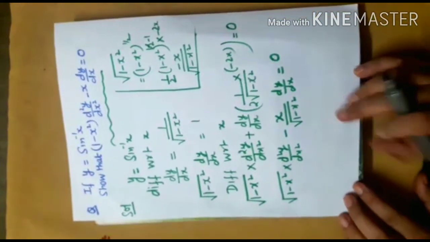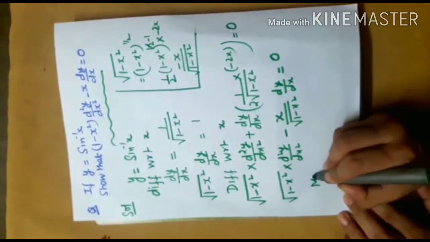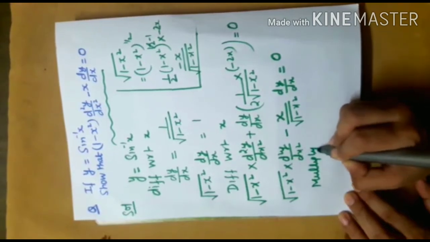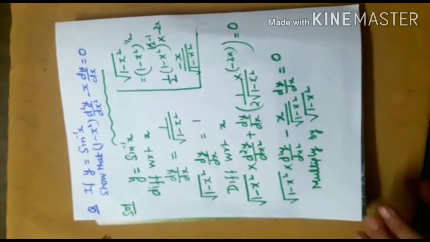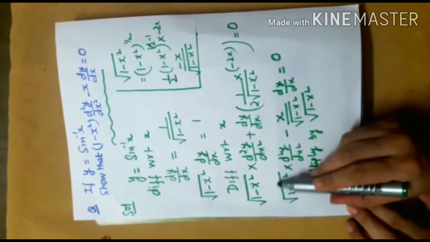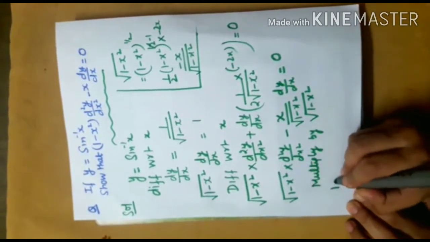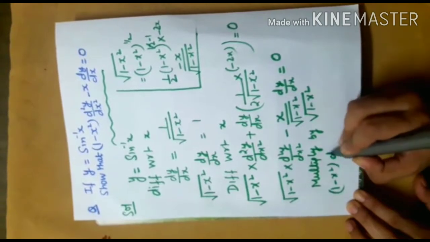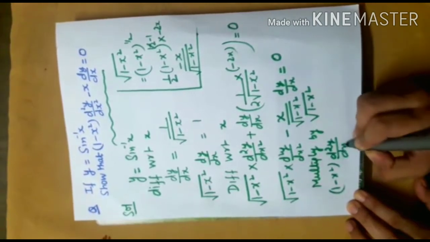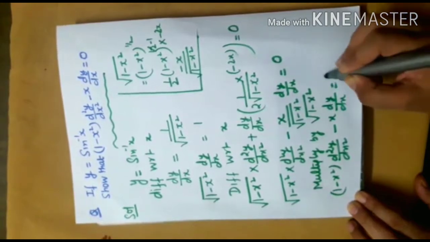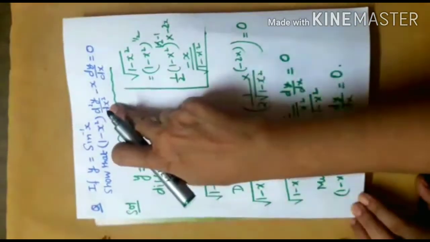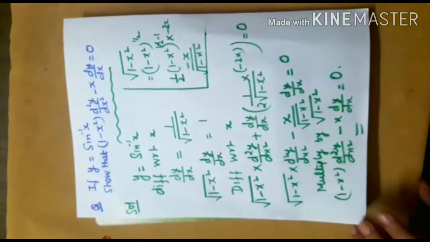Now what I do? Multiply by root 1 minus x square on both sides. So when I multiply this with this, I'll get 1 minus x square d square y by dx square minus x dy by dx equals to 0. I'll get this relation.